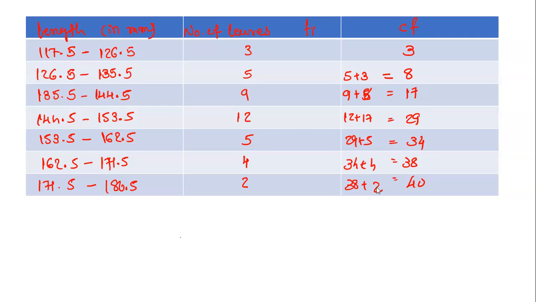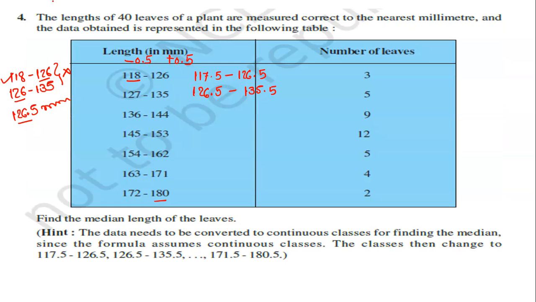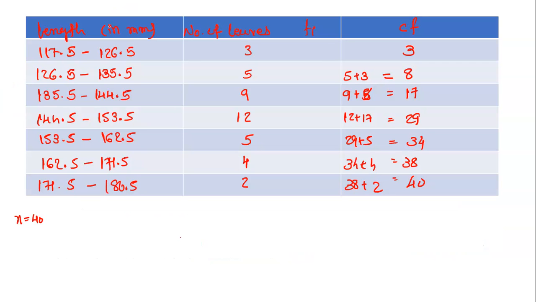Now the thing is that we have to decide which is our median class. So here total frequency is 40. Okay, so here n is equal to 40, the last cumulative frequency, as you can see in the question. So n by 2 is equal to 20. And how can we decide the median class?